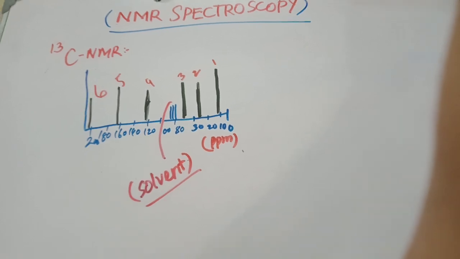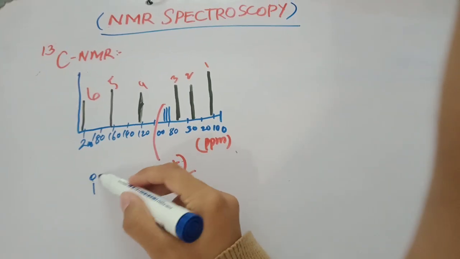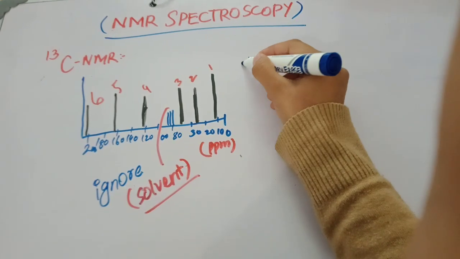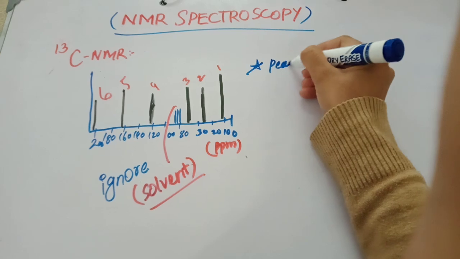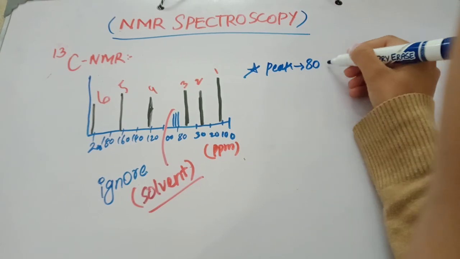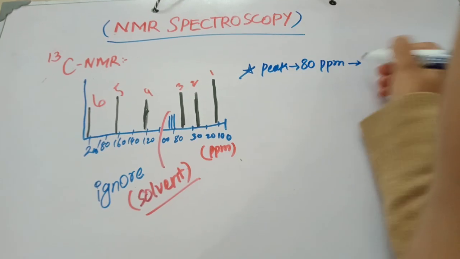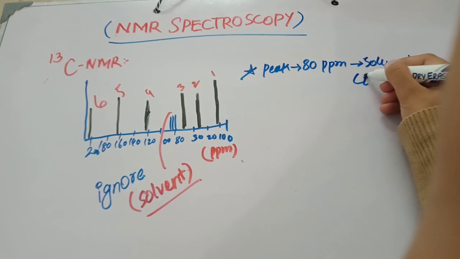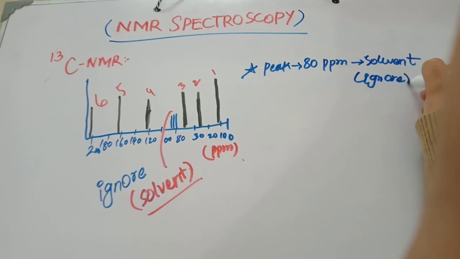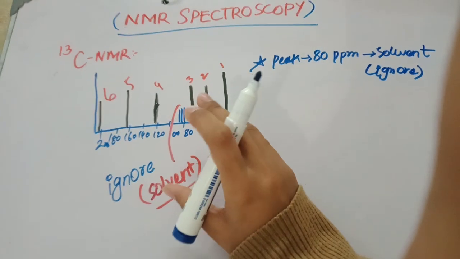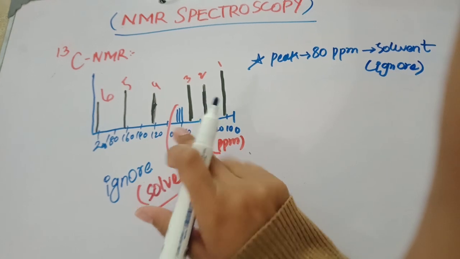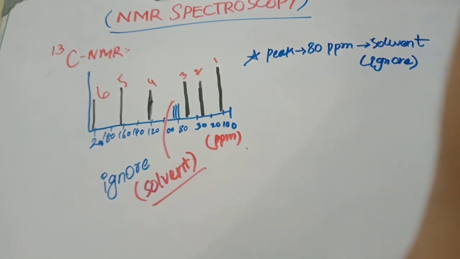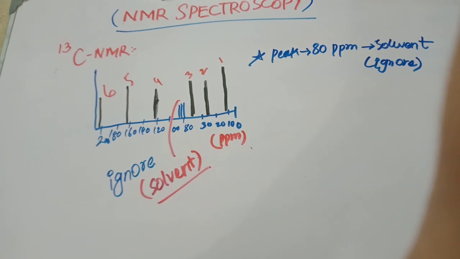So you have to ignore the peaks present at 80 ppm. You should be able to tell these are the peaks of the solvent, but they are of no use while predicting the compound.